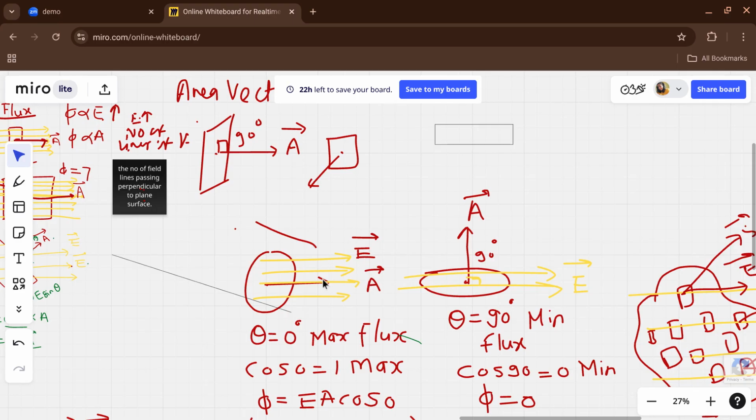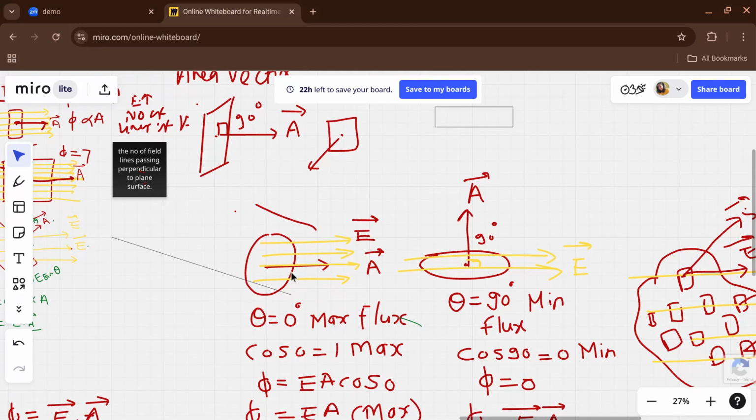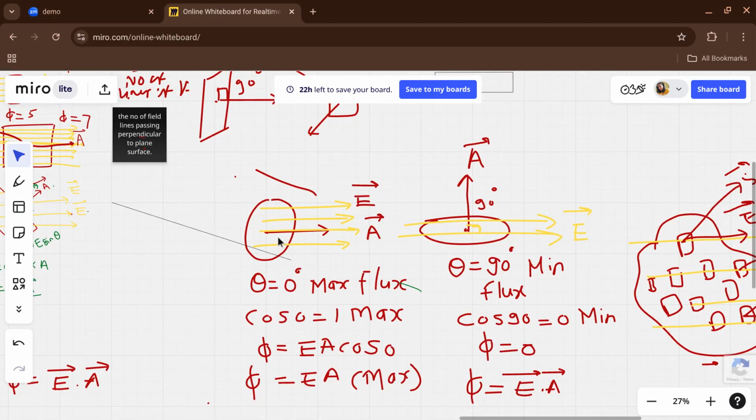So both vectors are perpendicular to the surface of the area and in one single direction. In a way, the inclination or angle between the two vectors will be 0 degrees. And if it is zero, the maximum lines of force are passing perpendicular to this specific area. So for this case, we are getting maximum field intensity.